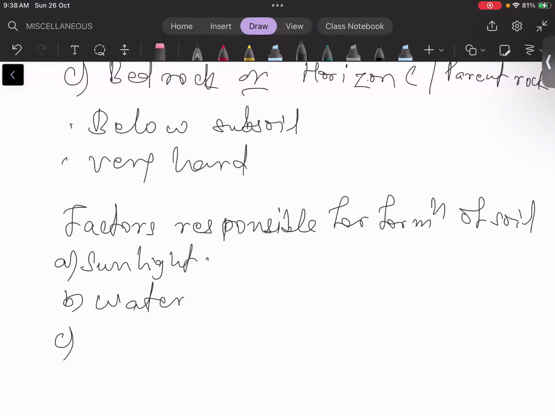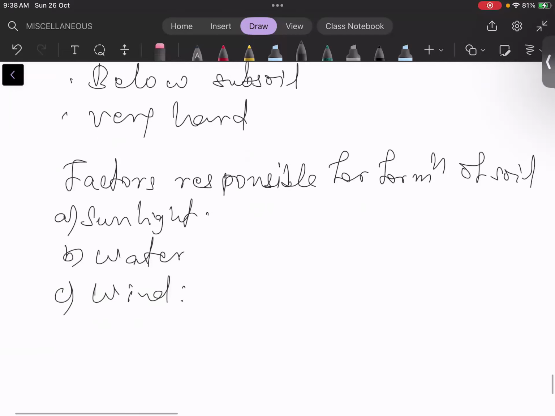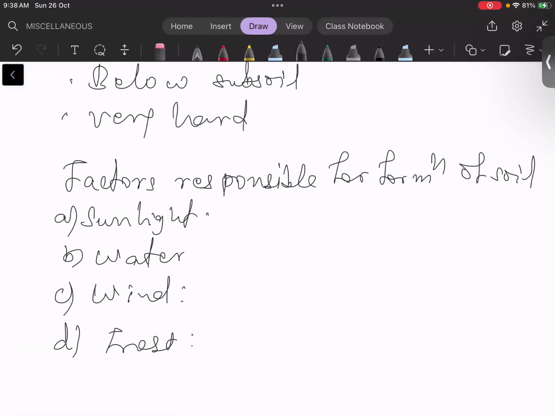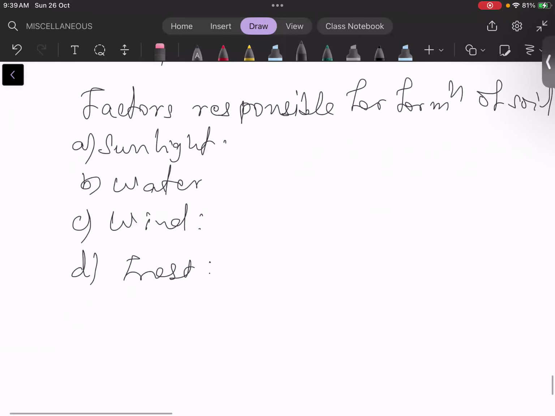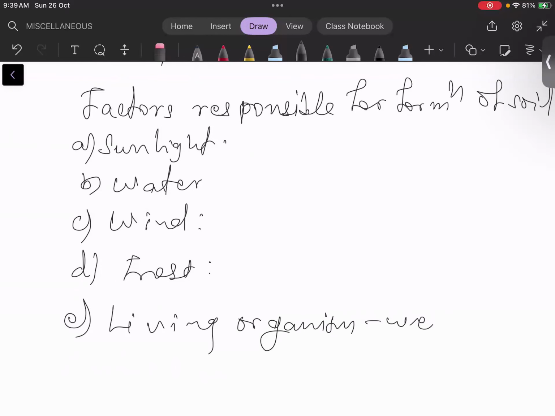Then after formation of a crack, due to wind, different layers or particles of a rock get separated. Then frost formation takes place. Rainwater seeping into the rock crevices and cracks may get trapped in it, and that is called frost. Then living organisms lead to weathering of rocks.